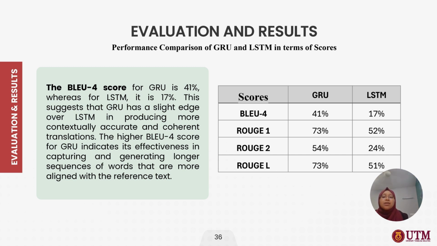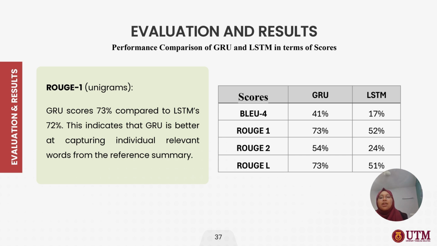A higher BLEU4 score means more effectiveness in capturing and generating longer sequences of words aligned to the reference text. In ROUGE1, which works for unigrams, GRU scores 73% and LSTM is 52%. This indicates that GRU is better at capturing individual relevant words from the reference summary.